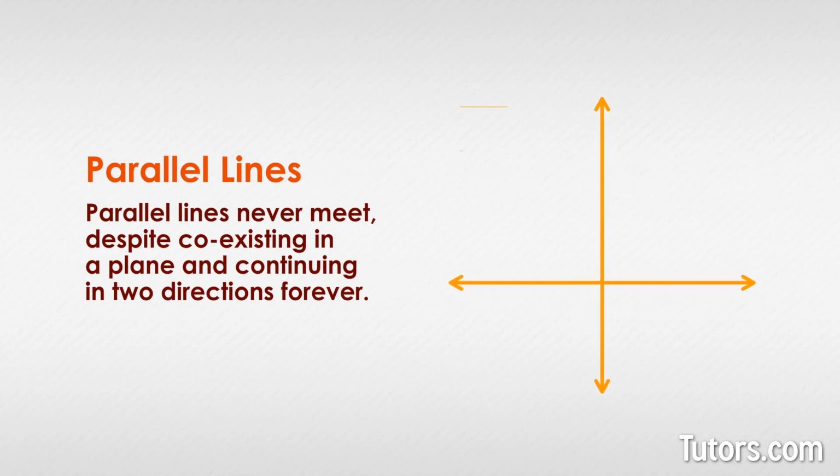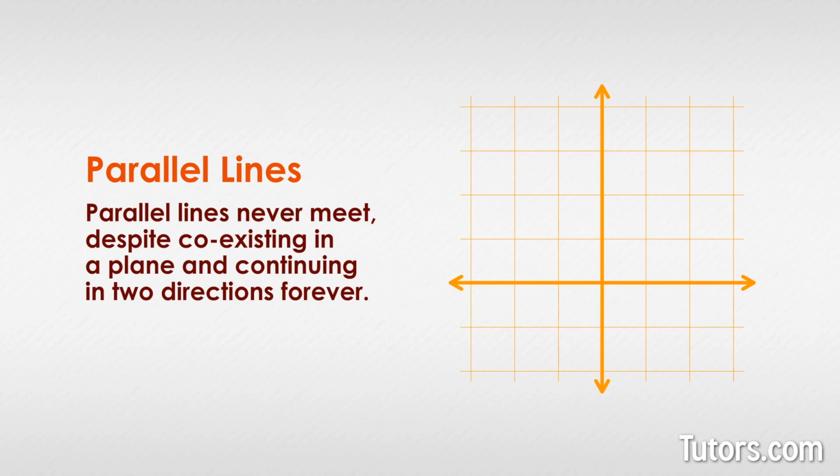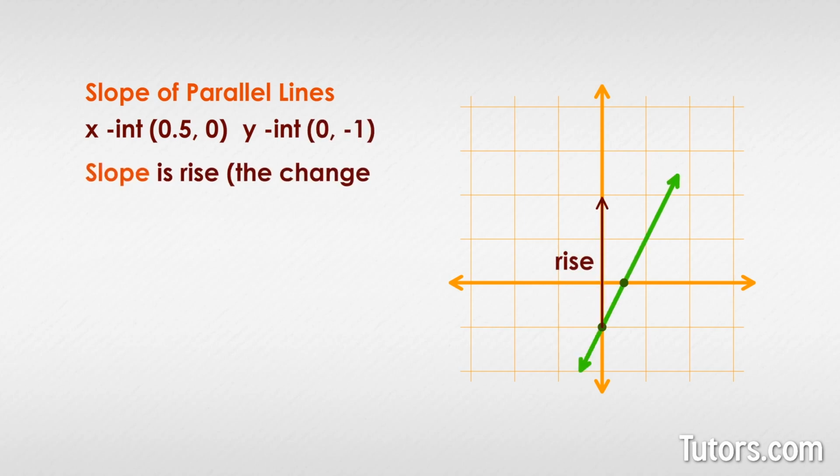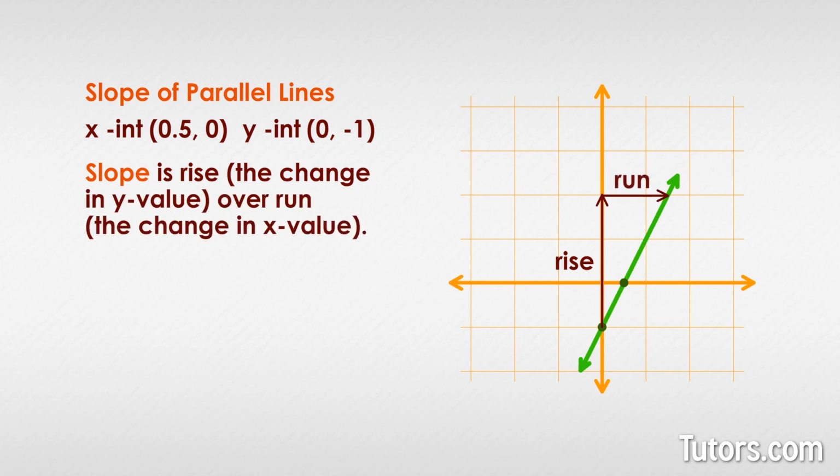If we apply coordinate geometry to parallel lines, we can see through the parallel lines' equations that parallel lines will have the same slope. The lower line intercepts the x-axis at -0.5 and the y-axis at (0, -1). Slope is the rise, the change in y value, over run, the change in x value.